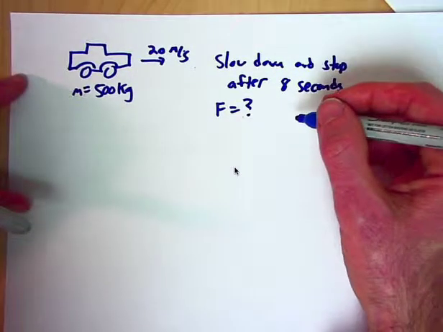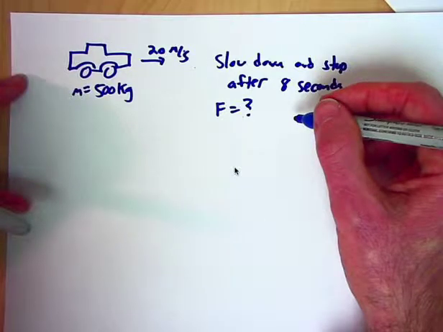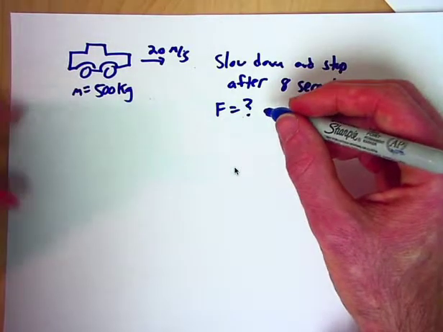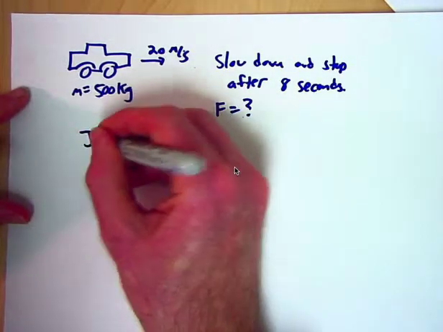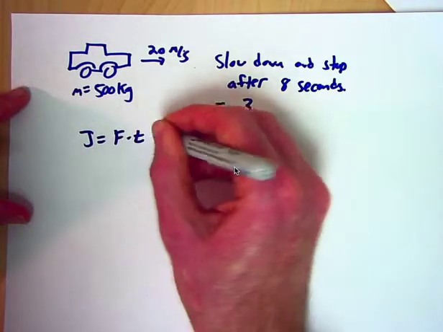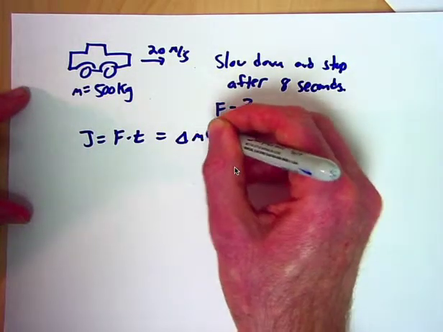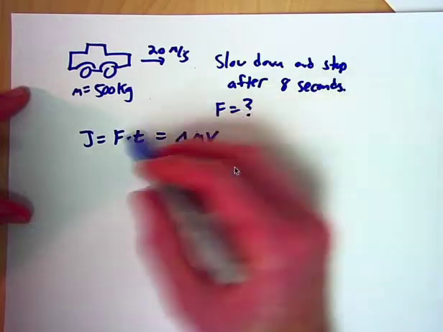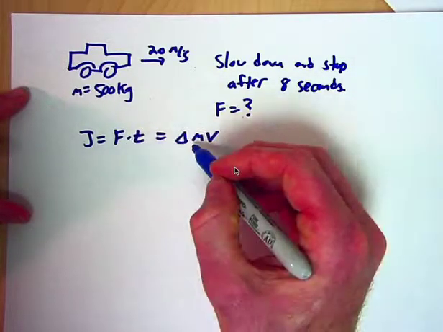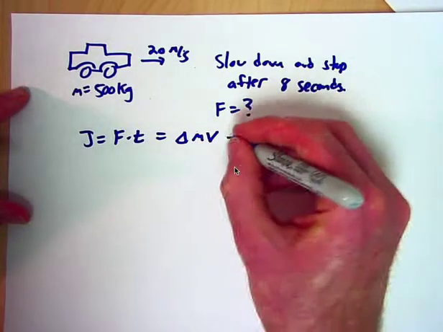Once again, we can do F equals ma and have it work out this way, but just for fun, let's just use impulse. J is F times t, that's change in mv. So I'm looking for the force, I know the time, I know the mass, and I know the change in velocity.